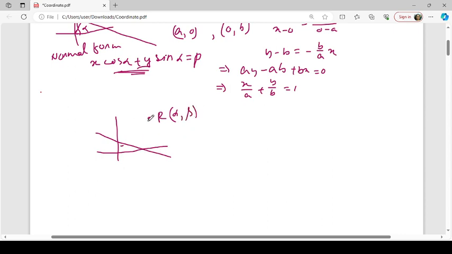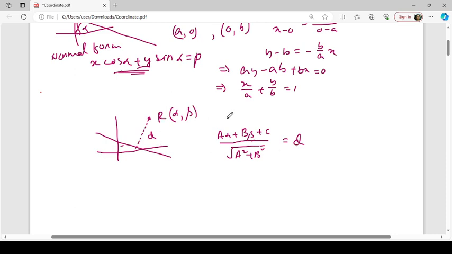Then the distance d of r to the line is given by a alpha plus b beta plus c, if the equation is ax plus by plus c, divided by the square root of a square plus b square. So this is equal to d.